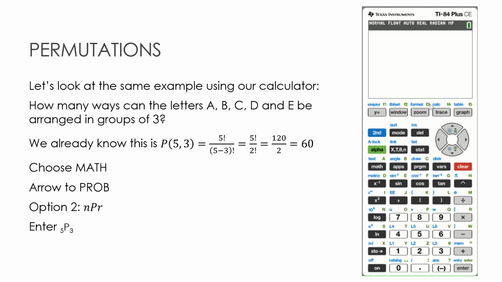So in order to find the permutation of 5 items arranged in groups of 3, I'm going to go to Math, and then I'm going to just use my arrow button to go over to Probability, and notice that number 2 is nPr, and so again nPr is the same as P(n,k). In this case it's 5 nPr 3, and then enter, and it will calculate that product for me.